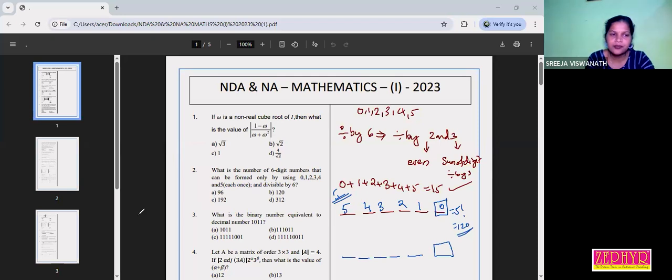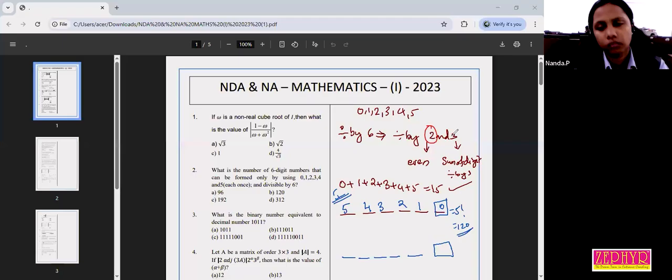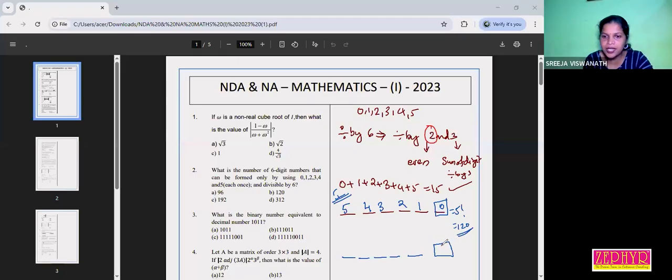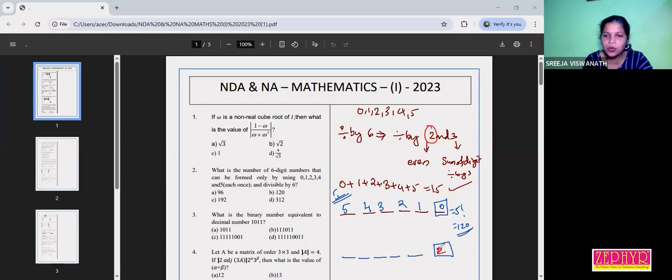We have to find a number which is even. So the last position, 2 or 4 can be occupied, right? So there are 2 chances, 2 or 4.